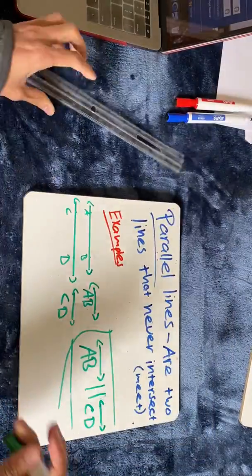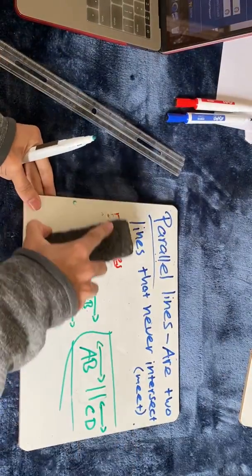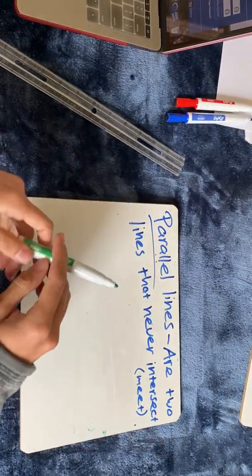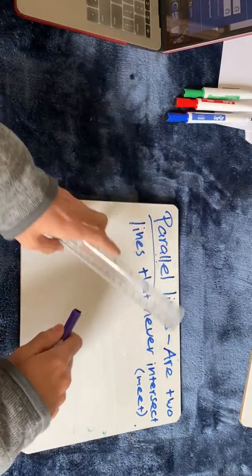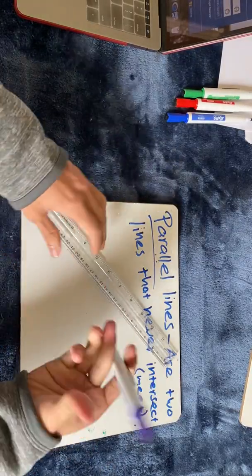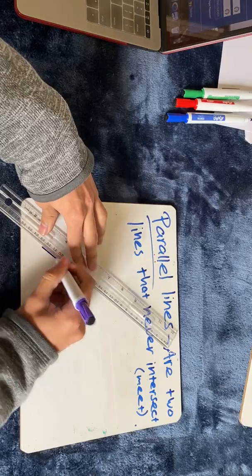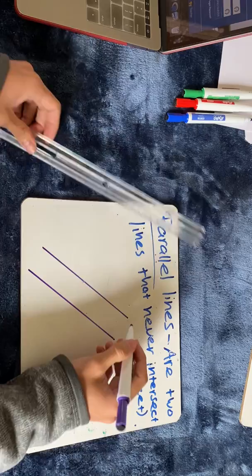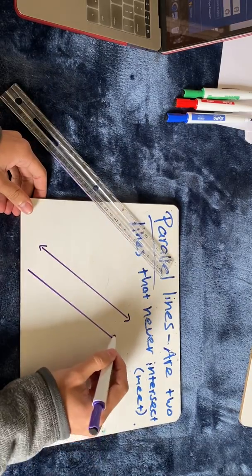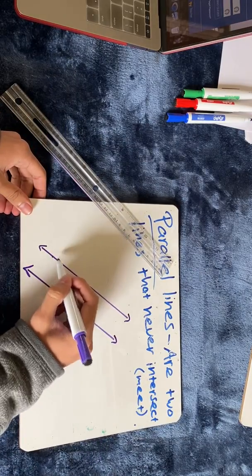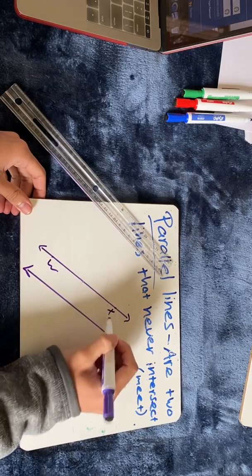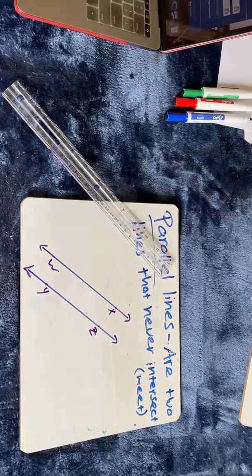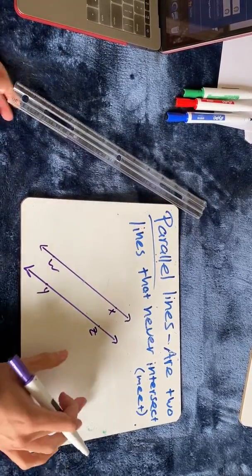All right, let's do a few more examples of parallel lines. Let's draw two lines going like this. See, these are two parallel lines, okay? Let's name this one W, X, Y, Z. So you could go ahead, actually, and write it.